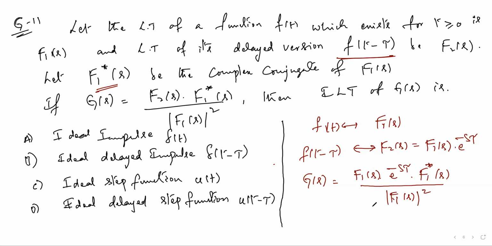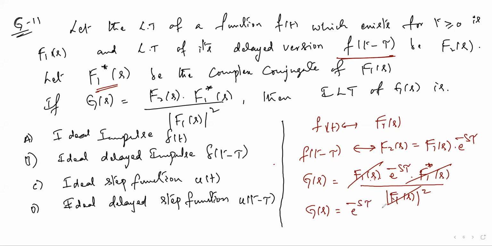Now for a complex function, x into x complex conjugate is nothing but mod x square. So F1 of s, F1 complex conjugate of s and square of magnitude all will cancel. So what remains is e power minus s tau.